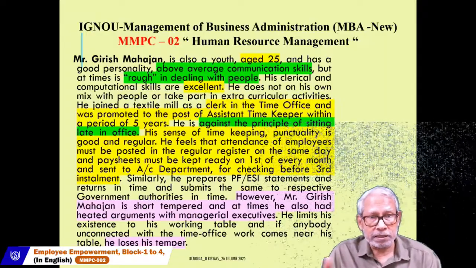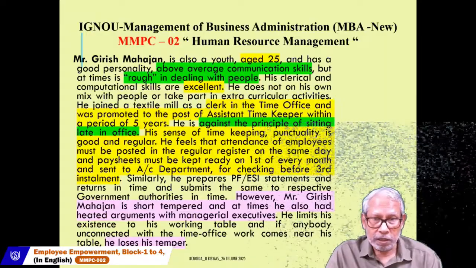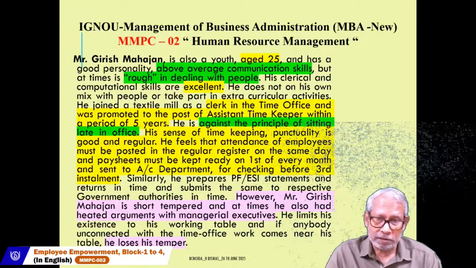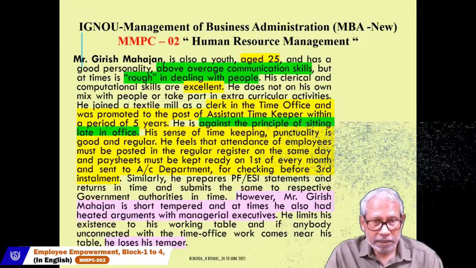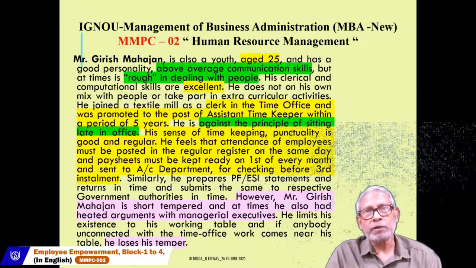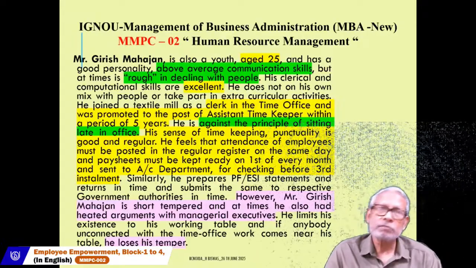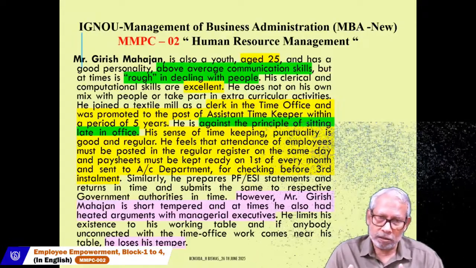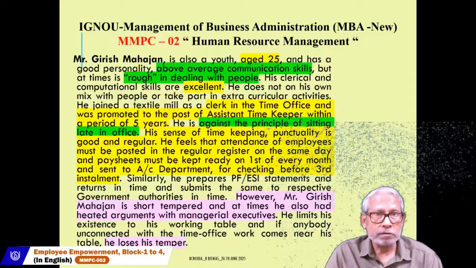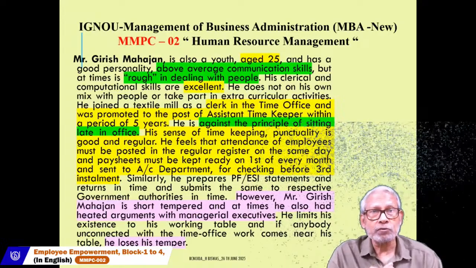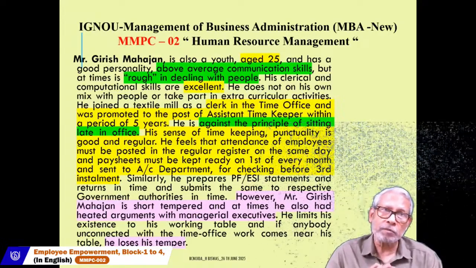He limits his existence to his working table, and if anybody unconnected with his work comes near his table, he loses his temper. So he is short tempered and argumentative, but very sincere about his work. He delivers work on time.